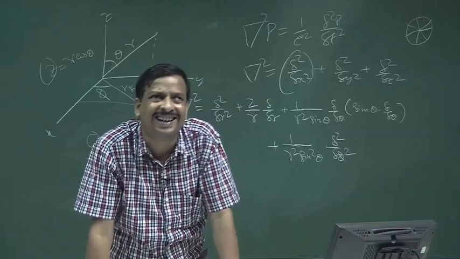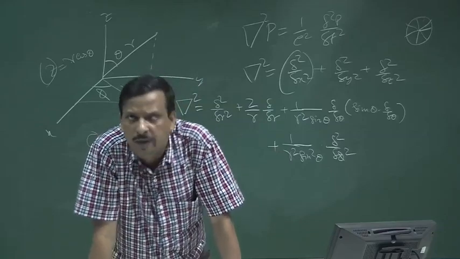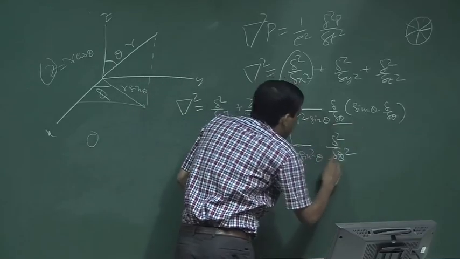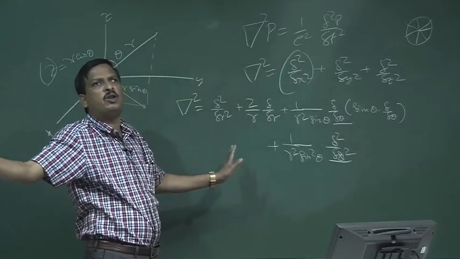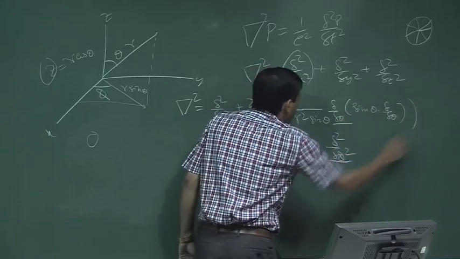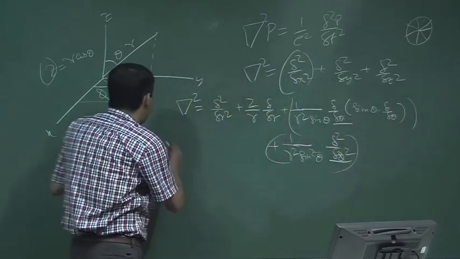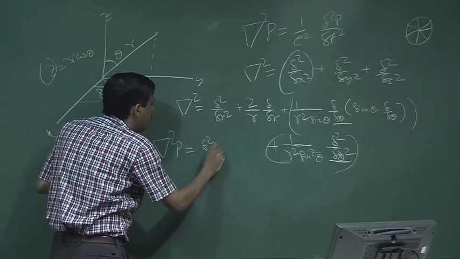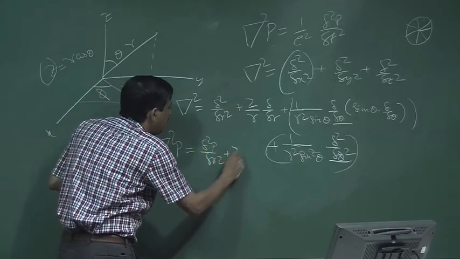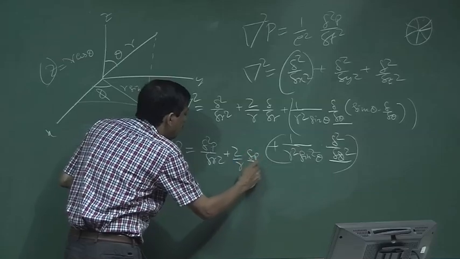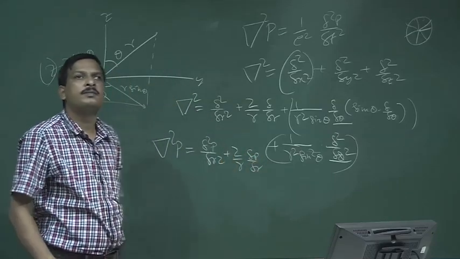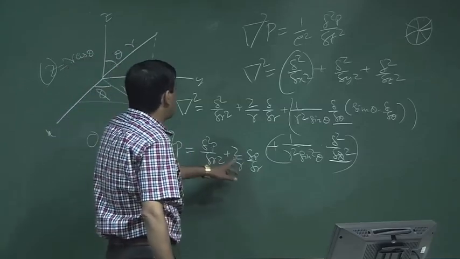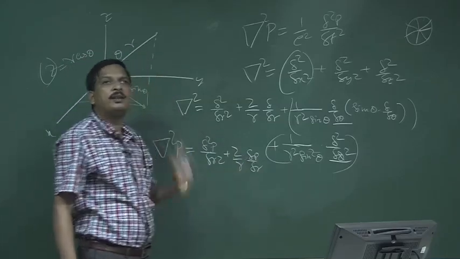So the variation against theta and phi will not be considered, and those terms will vanish. Then del square p will be only del square p by del r square plus 2 by r del p by del r.